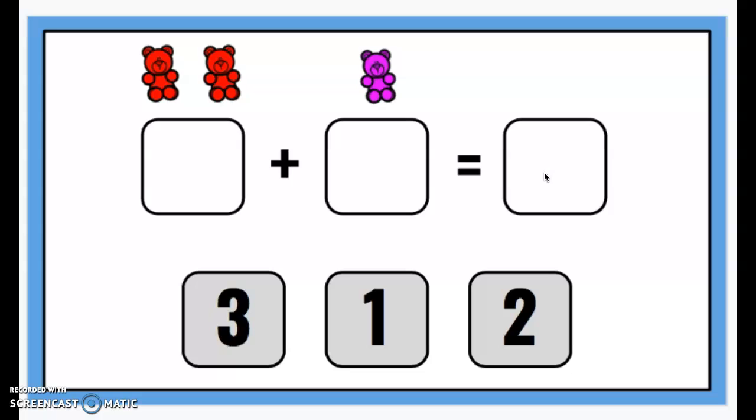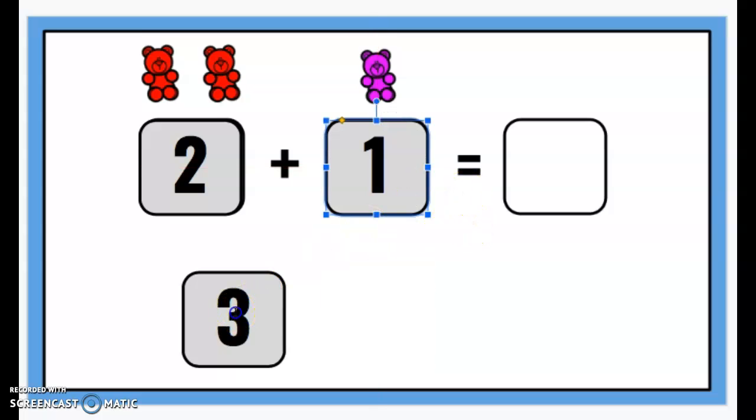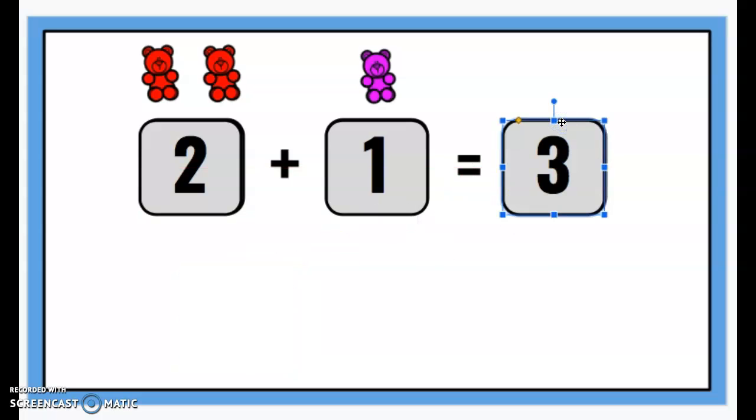So we have to put our numbers in the correct spaces. 1, 2. So I'm going to take my 2 and move it up. 2 plus 1 equals 3. Because we have 3 bears total.